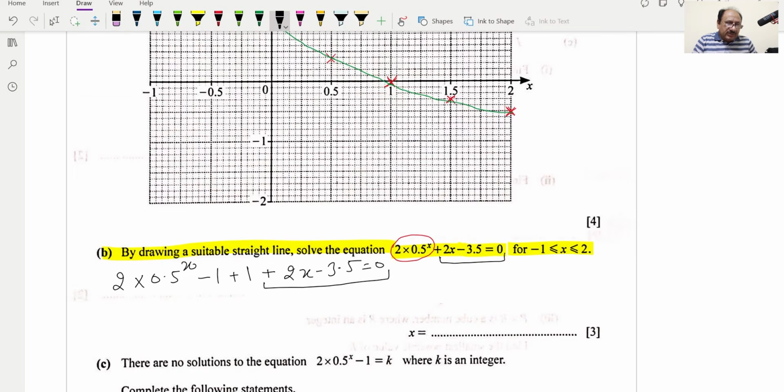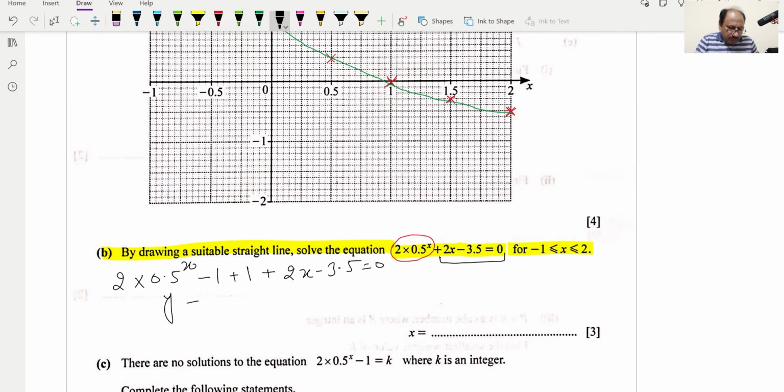Hopefully you are understanding. Now, next step, we can write this part as y, and plus 1 and minus 3.5 will result in minus 2.5.